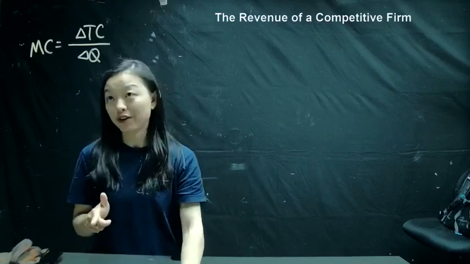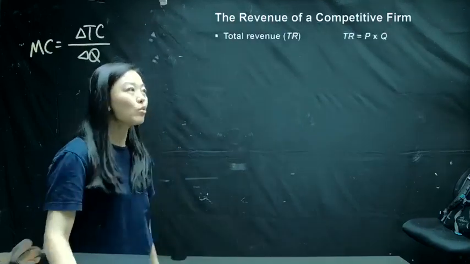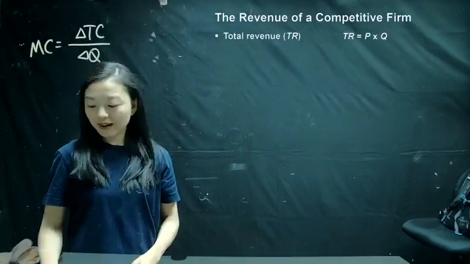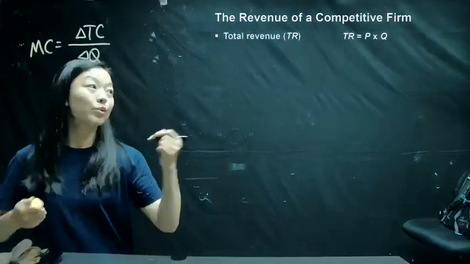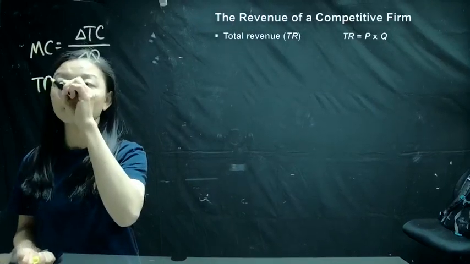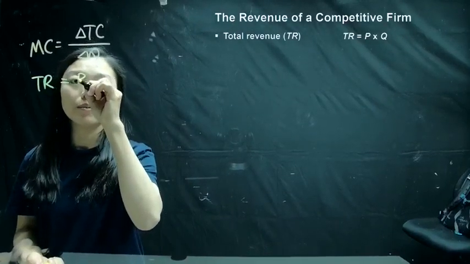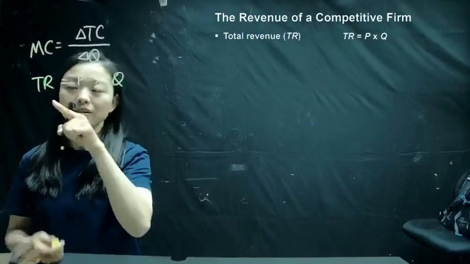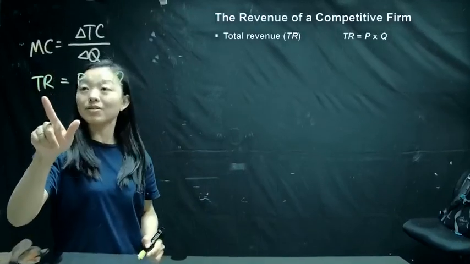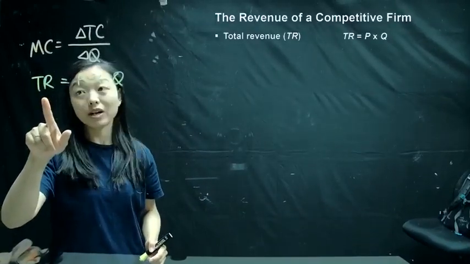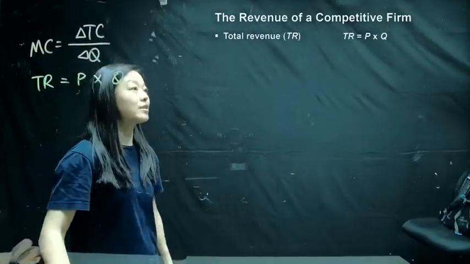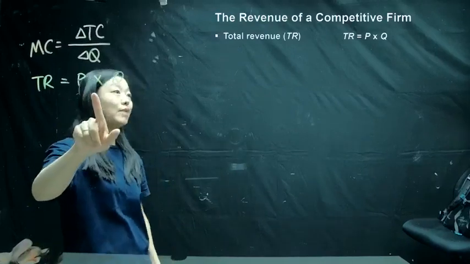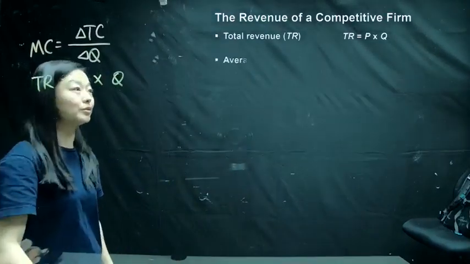Now let's look at revenue. We already learned that total revenue equals price times quantity. We learned this concept in chapter 4 when we talked about market demand and market supply. So P times Q measures the revenue.